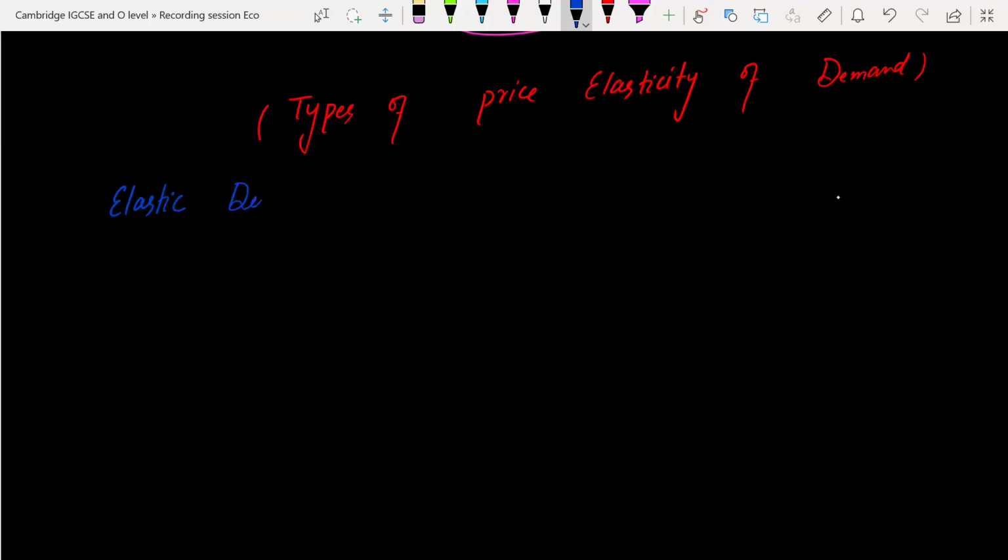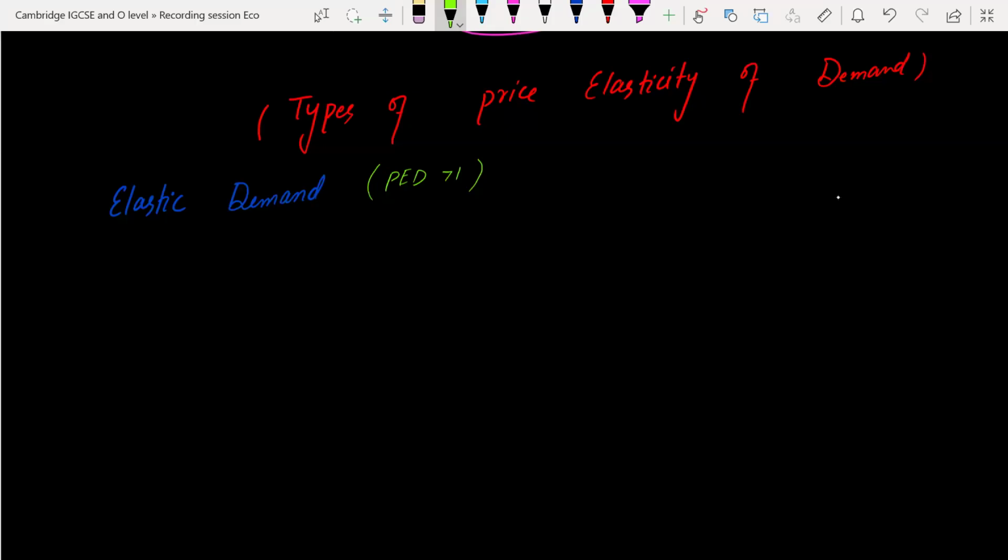What's the meaning of this one? Elastic demand: when we calculate our PED, if it is greater than 1, we will call it elastic demand. When it is greater than 1, that is the main question.